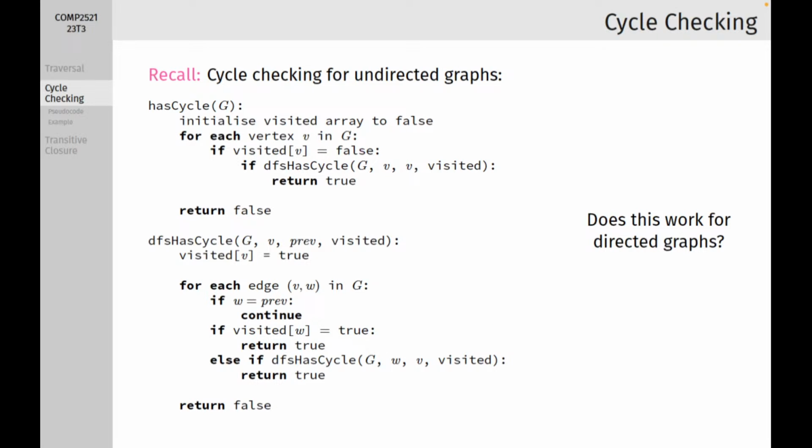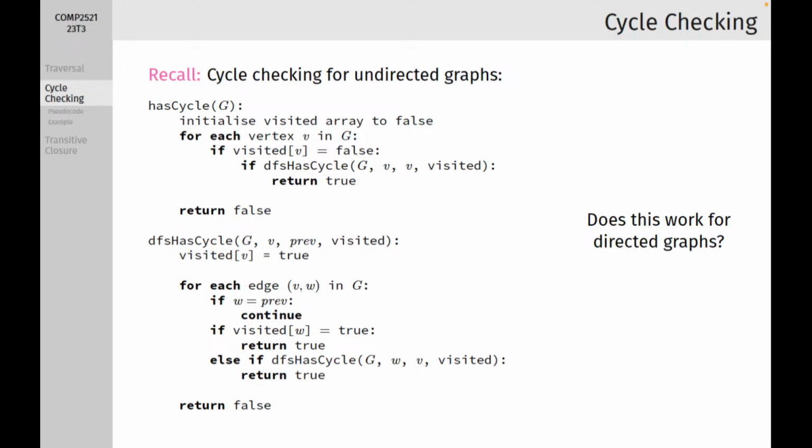Okay, so let's remind ourselves how the cycle checking algorithm for undirected graphs works. How did this work? We created a visited array, and then we basically performed a DFS, where during the DFS, if we see a vertex that we've already visited before, then that means there's a cycle.